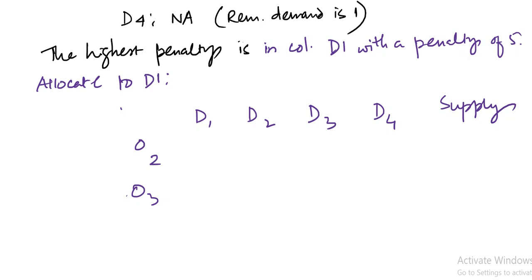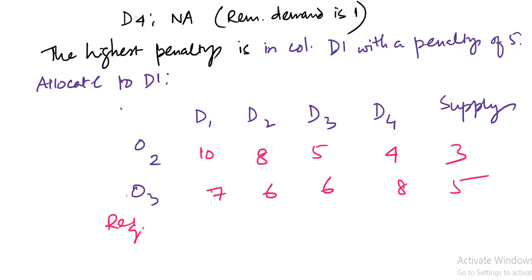So what is the value here? 10 8 5 4 3, and there the value is 7 6 6 8. And what is the value of requirement? It's 0 3 4 1. Okay, so d1 is exhausted.